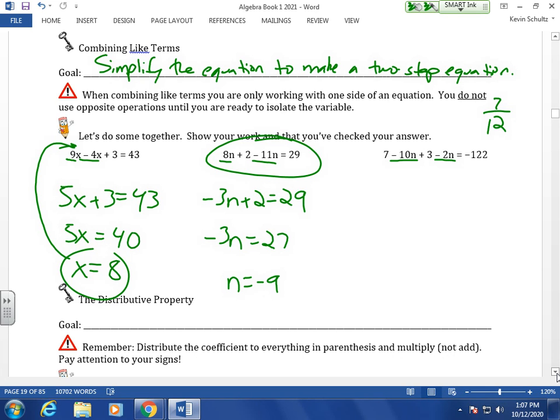Negative 12. What else can we combine? Kate? 7 and 3. Positive 7, positive 3. They're both constants. Okay, and so that gives us positive 10. And we are at our two-step equation to go ahead and solve.